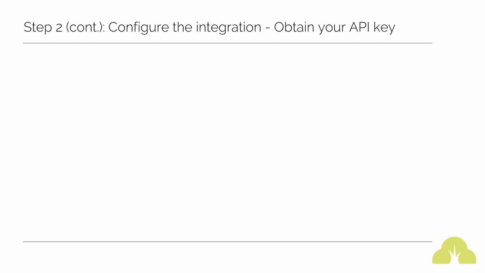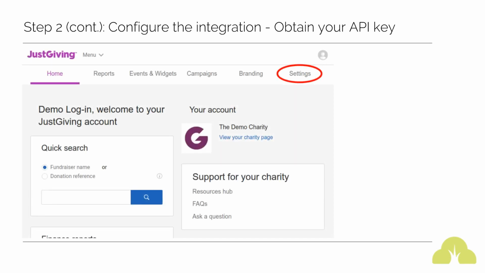Once you've got the access and your plan has been upgraded, you'll be able to start linking the two platforms. For this, you will need your JustGiving charity ID and your API key along with your username and password for your JustGiving charities account.